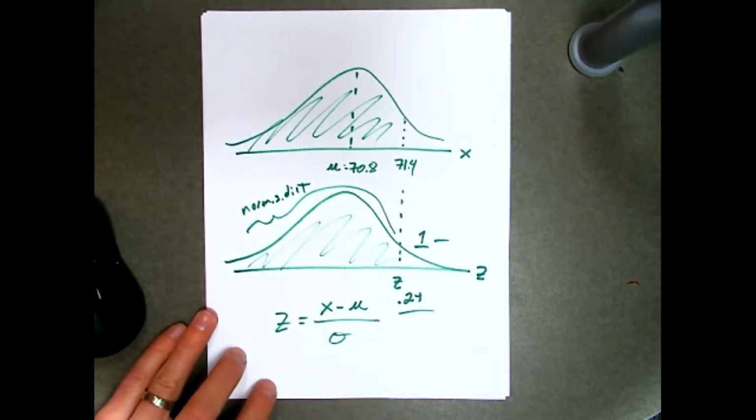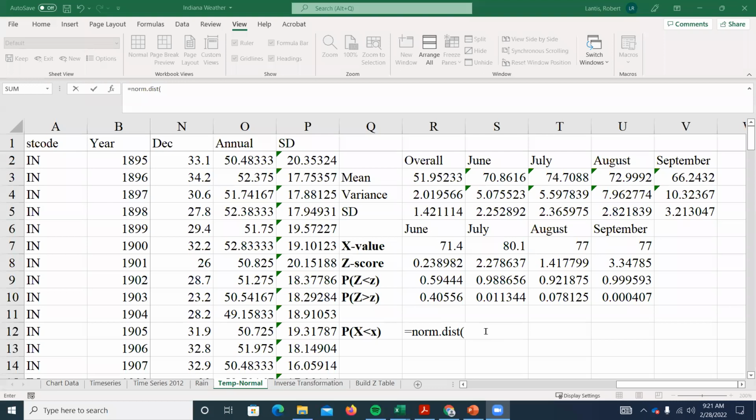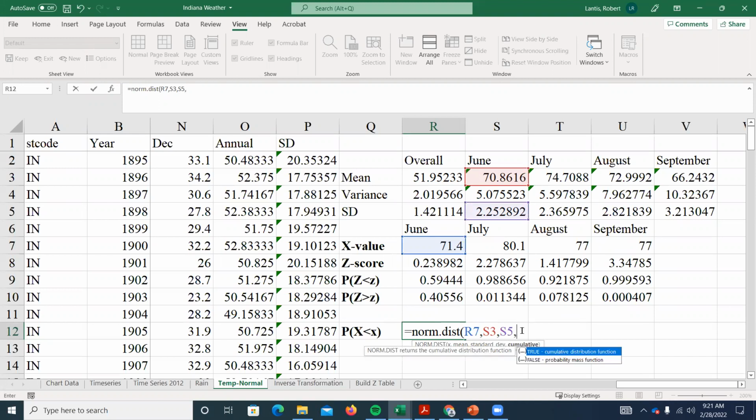So when I use just norm.dist, I'll first tell it my cutoff. Comma. Second thing I tell it is the mean. Here's June's mean temperature. And then comma, the standard deviation for this normally distributed variable. Here's my standard deviation. And then the fourth thing, we're always going to make it cumulative. We're always going to tell it, find me the area to the left.